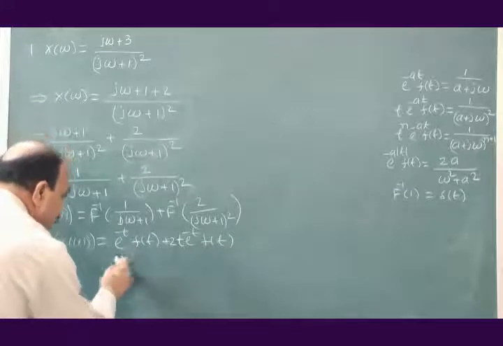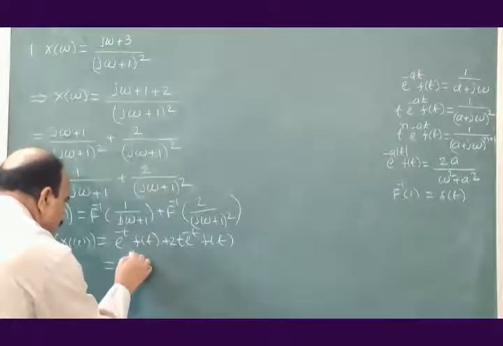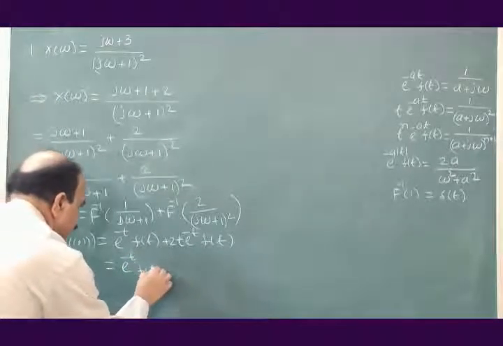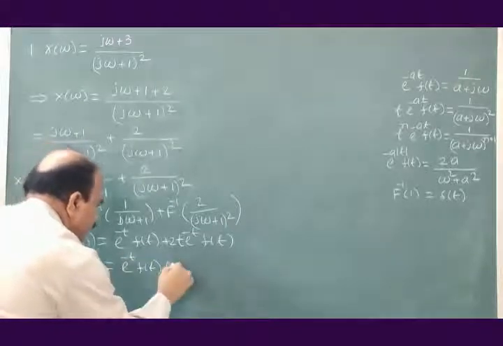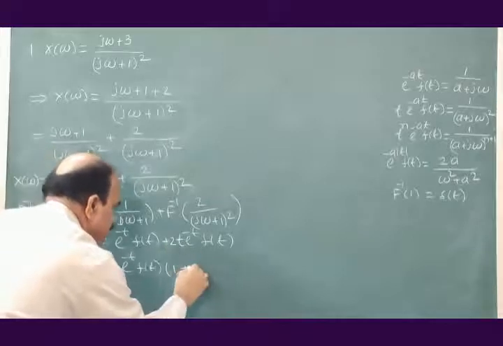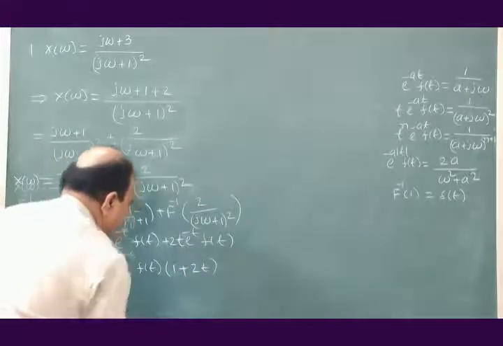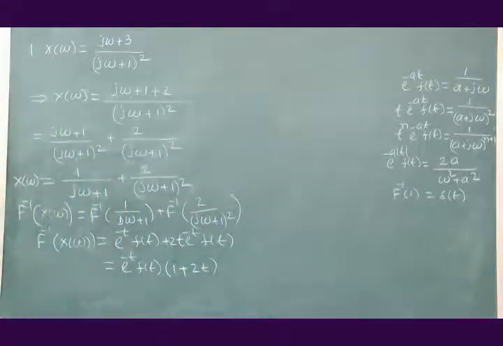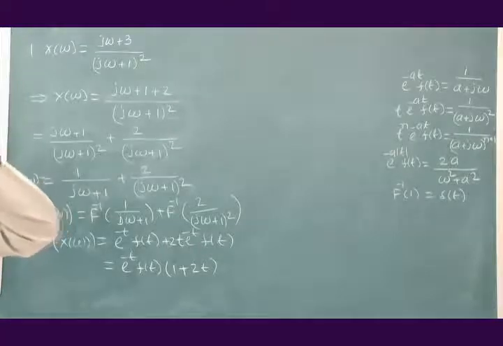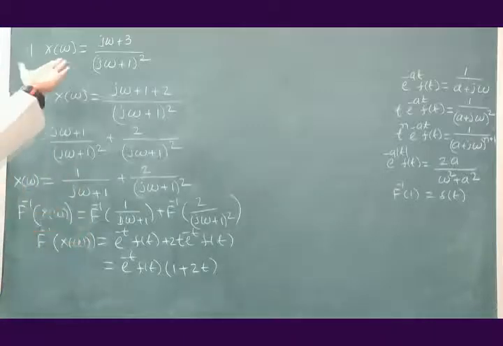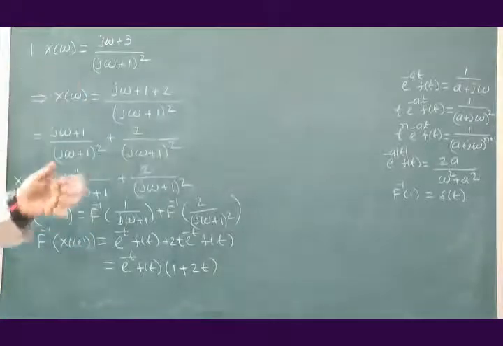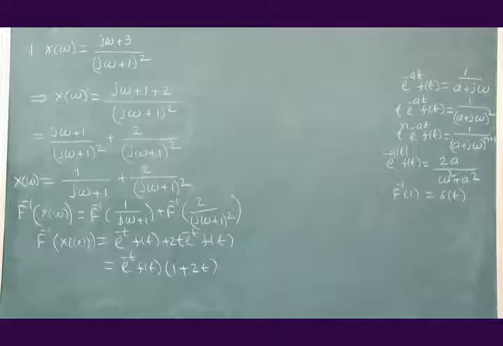And now you can take e to the power minus t f of t common in the bracket: from this 1 is left plus from this 2t is left. So this is the inverse Fourier transform of this frequency function x of omega equal to j omega plus 3 divided by j omega plus 1 whole square.